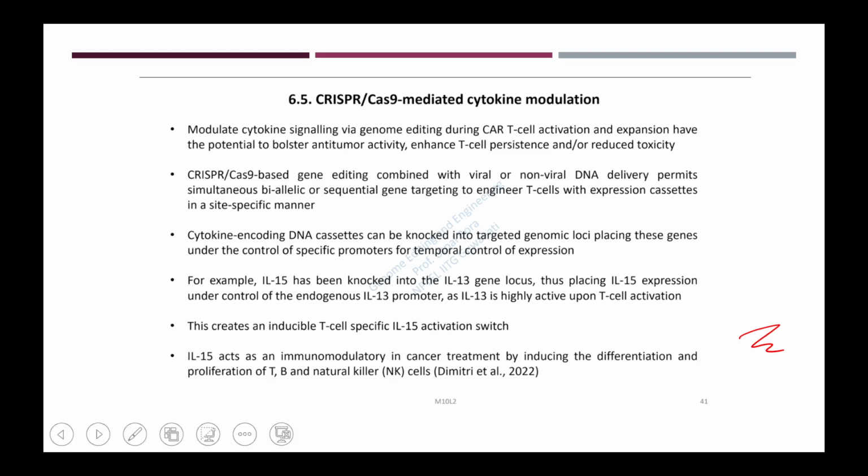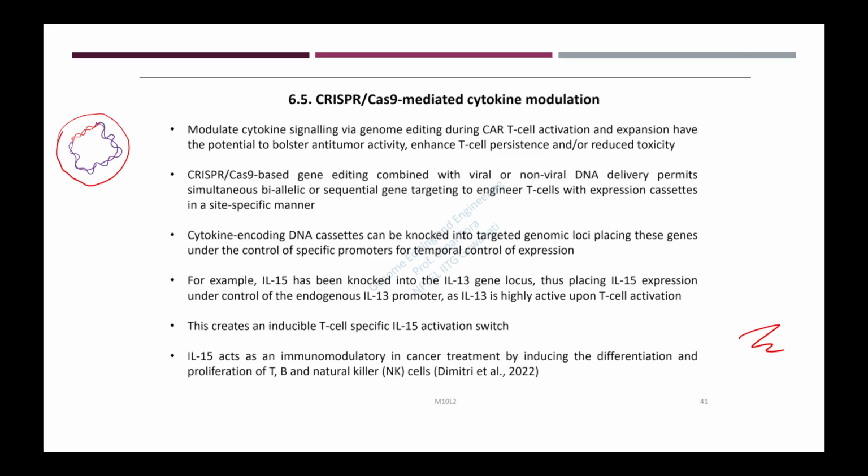So one more reason to use CRISPR-Cas9 is, as I mentioned in the beginning, that the T cells are modified by a lentiviral DNA that is transfected into the T cells. Suppose you have provided your transgene with a viral DNA, it will go into the nucleus of the T cell and get integrated with the T cell genome.